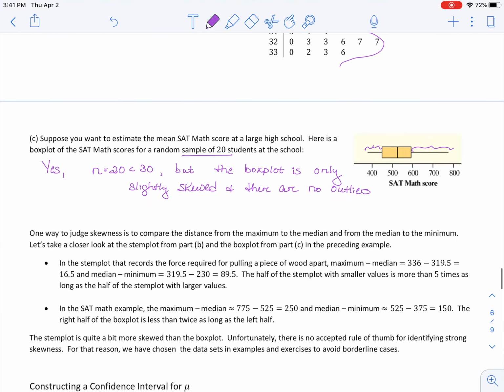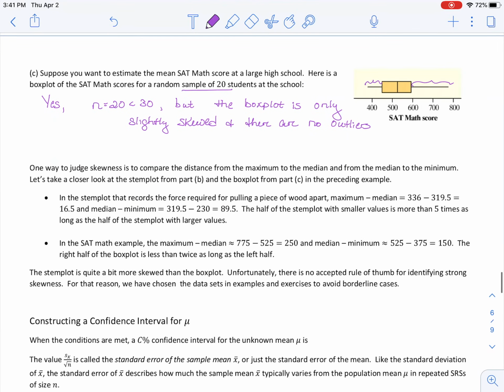Now, I know some people don't like the idea of saying, well, what's slightly skewed and what's strongly skewed? You can slightly quantify that by looking at the distance from the high to the median, and also from the minimum to the median.